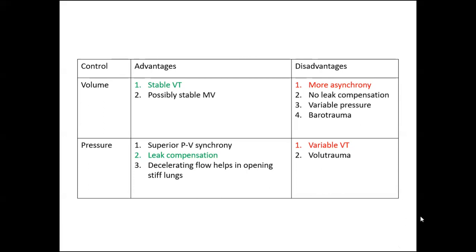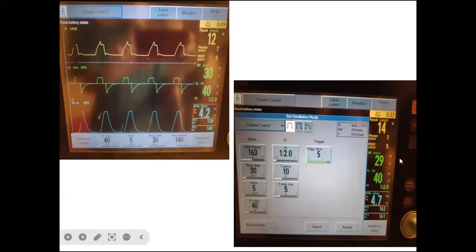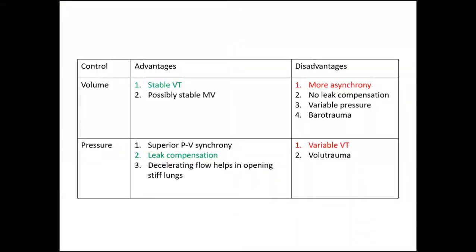So that's why in the previous slide you saw that even ventilators give decelerating flow in volume control mode. You are controlling the pressure, but you are guaranteeing the volume. That is the main difference.